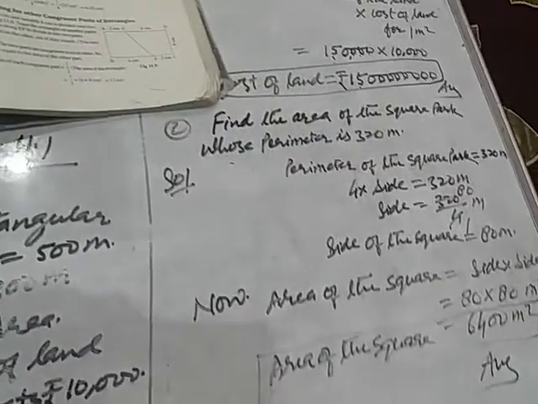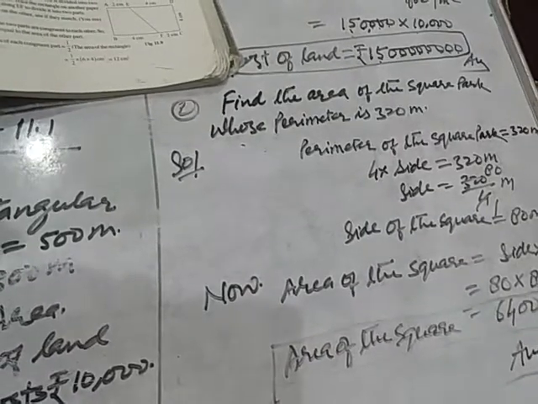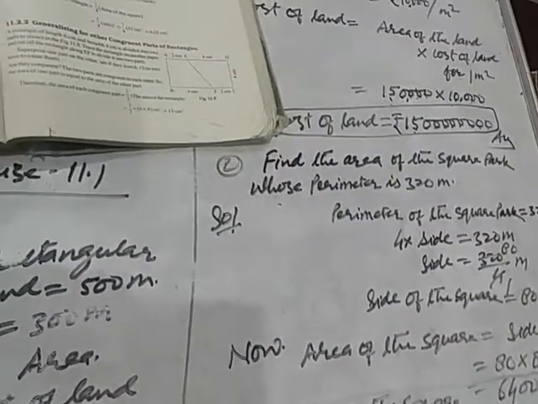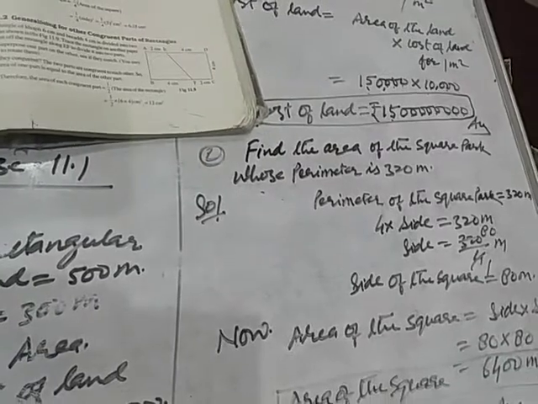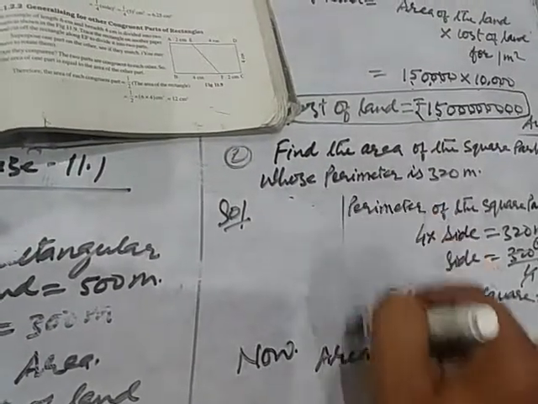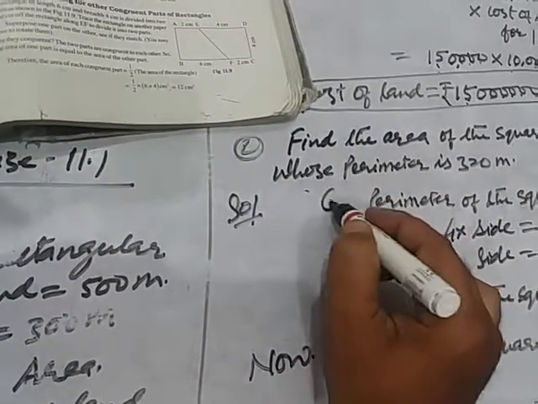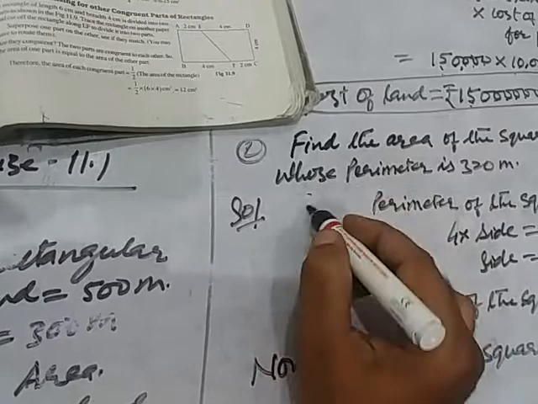So question number 1 and 2 are over, right? See, perimeter is given. Before we start solving, we have to write what is given and what is to find out. This is the given part. We have to find out the area of the park.